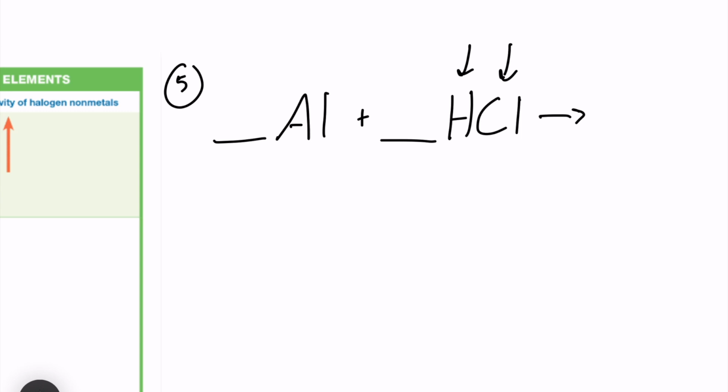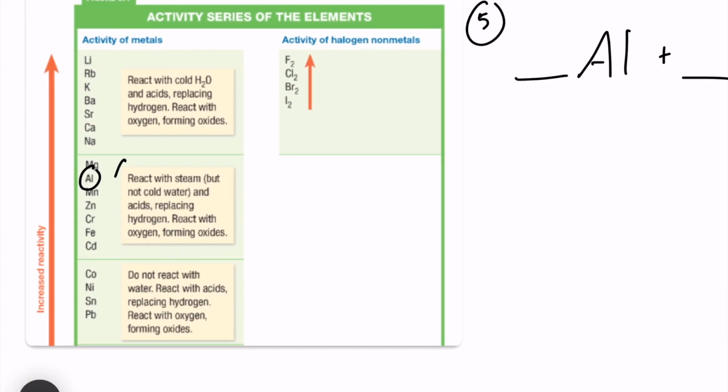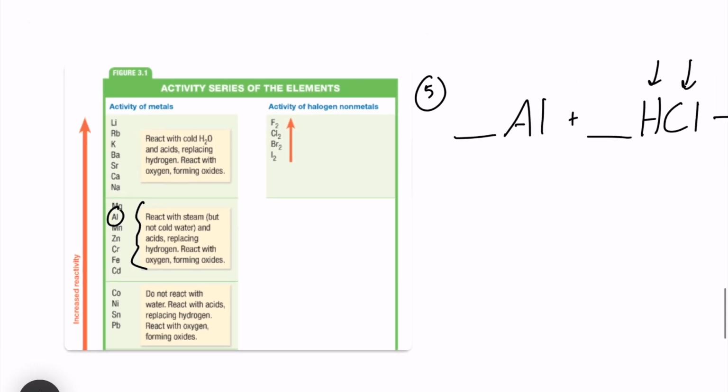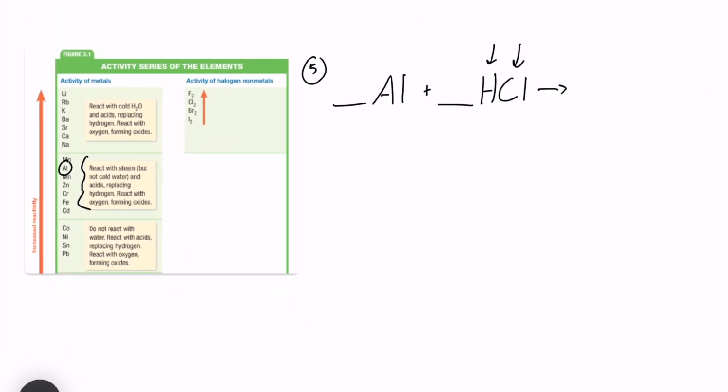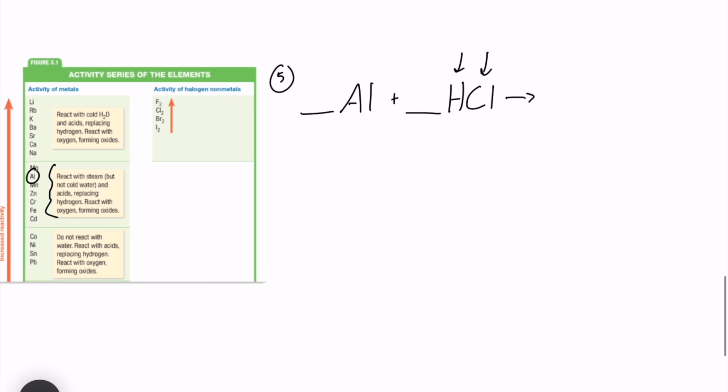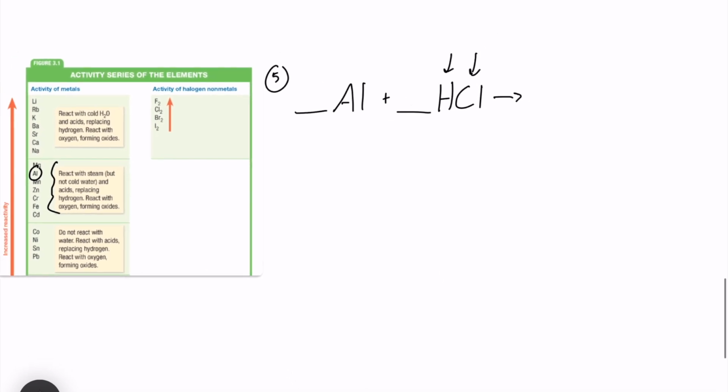However, if we read this part right here, it says reacts with steam and acids replacing hydrogen. Okay, so hydrochloric acid is our acid here, and aluminum has the ability to take the place of that hydrogen atom in hydrochloric acid. So aluminum is going to then create a compound with chlorine.